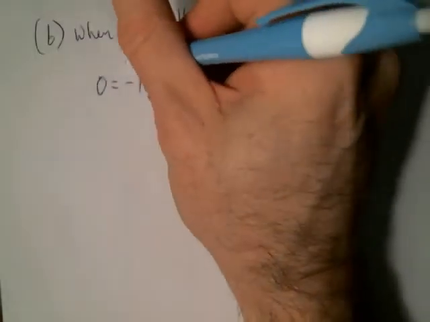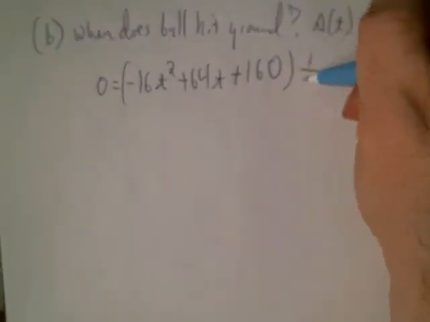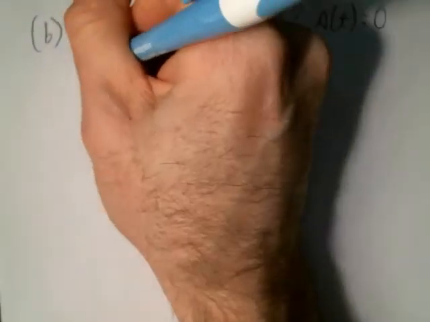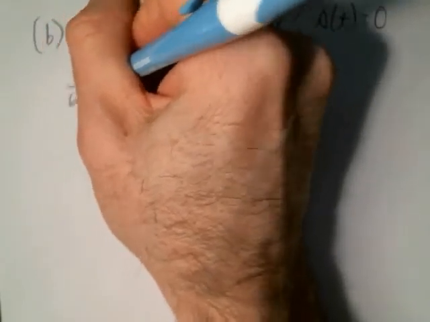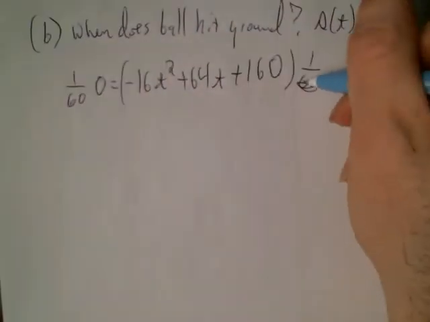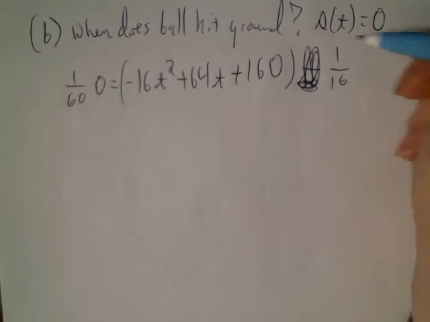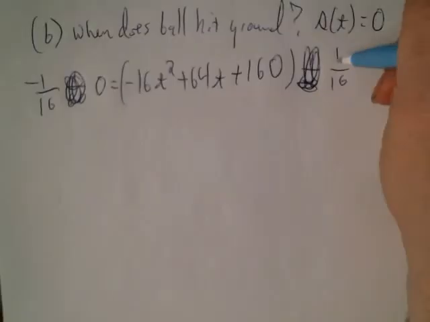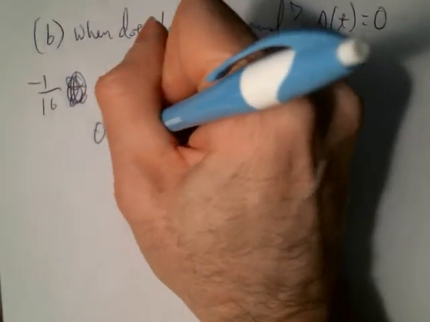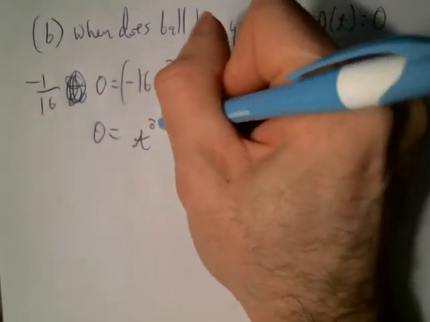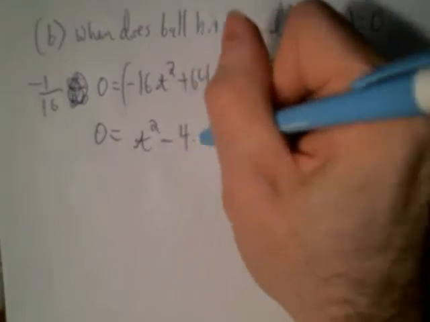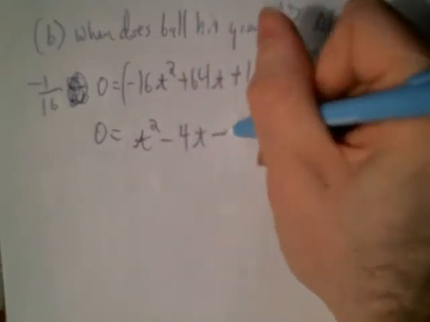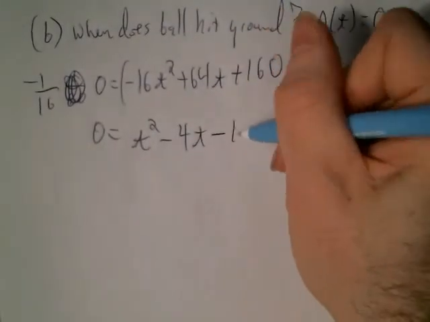To make life easier, I'm going to multiply both sides by 1 over 16. Oh, sorry, let's make that a negative 1 over 16, right? So we'll have 0 is t squared minus 4t minus 10.